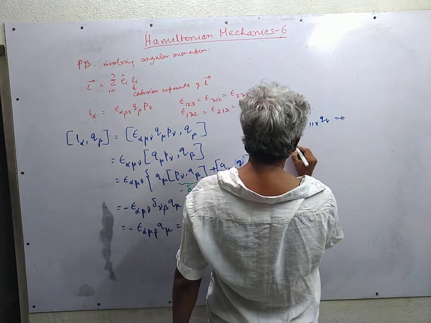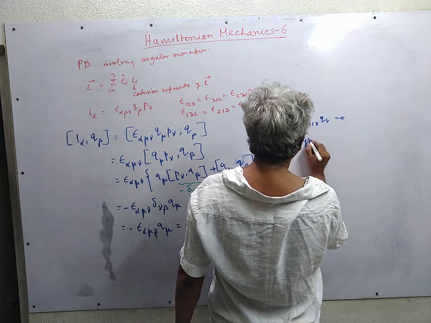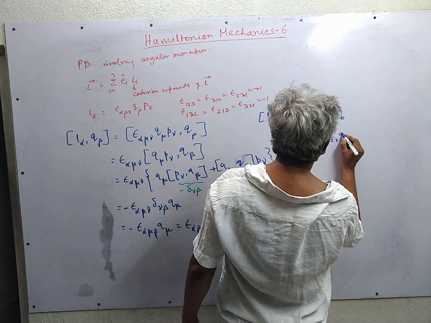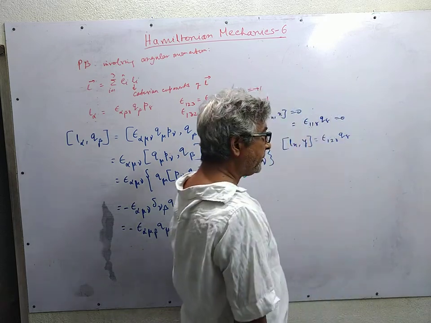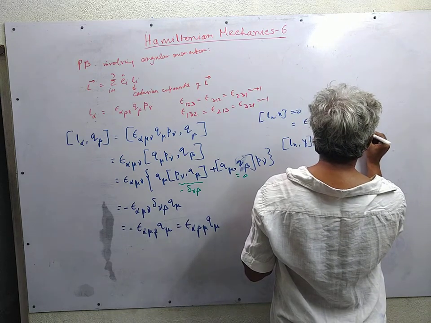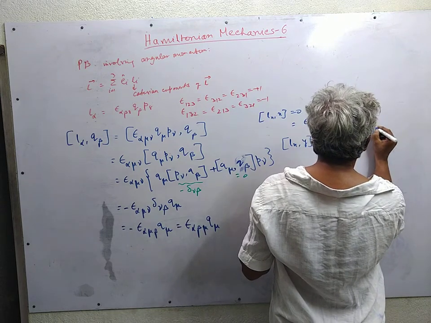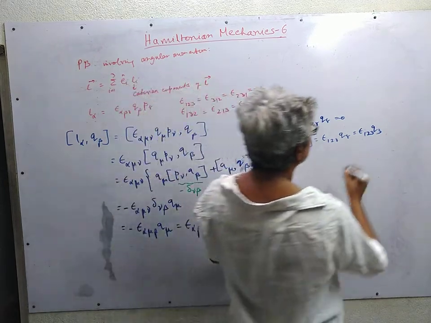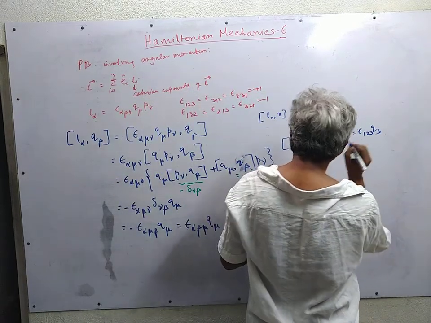Then we have [L_x, y], which is equal to ε_12γ Q_γ. For non-repeated indices, γ should be 3, and we have ε_123 Q_3. You know that ε_123 is positive 1, so this is z, what we obtained.